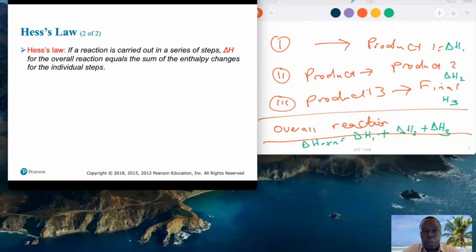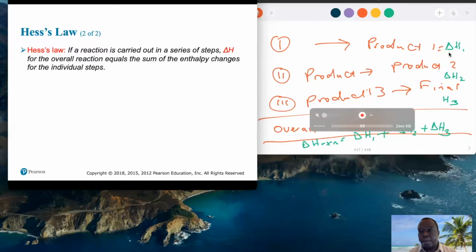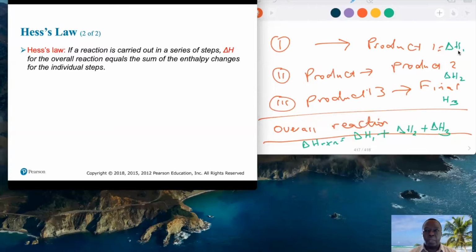That means the more we have of a reactant, the larger the enthalpy for reaction. So if we multiply the equation by a factor, we'll also multiply the enthalpy for that reaction by a factor.